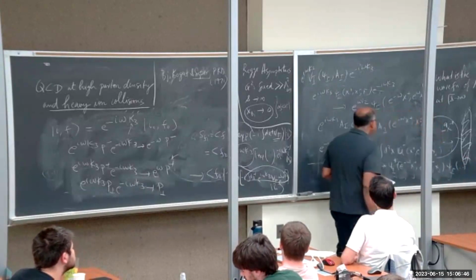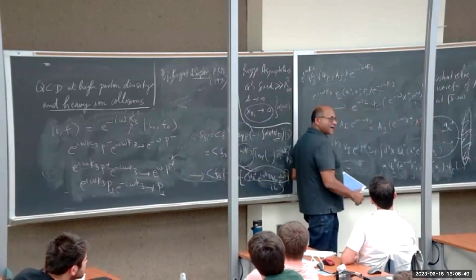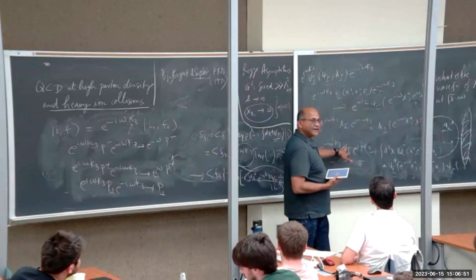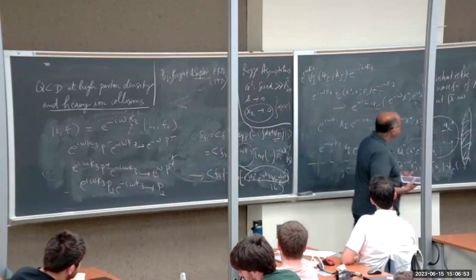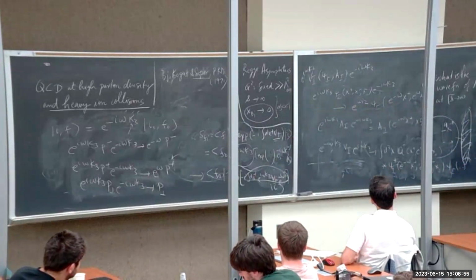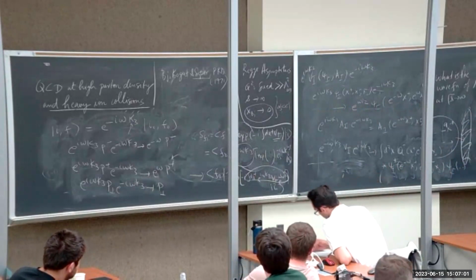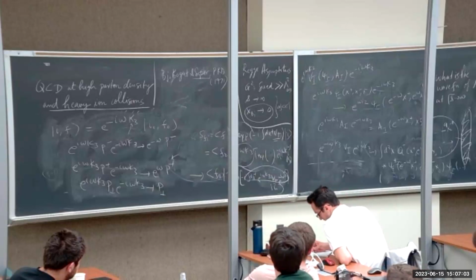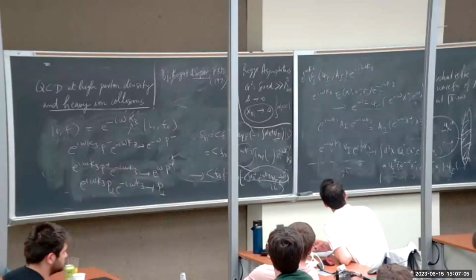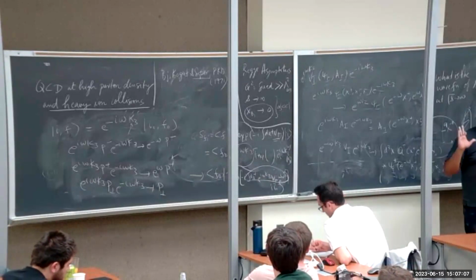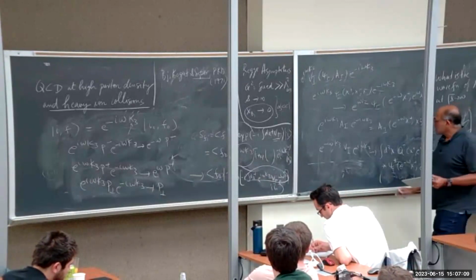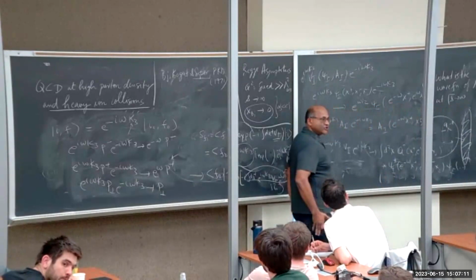So this interaction Hamiltonian, which is the difference between the full QCD Hamiltonian, so this is the full Hamiltonian of QCD in the presence of an external field, minus without the external field. So this is a highly complicated object. This is full QCD. In the limit of very high energies, yes.